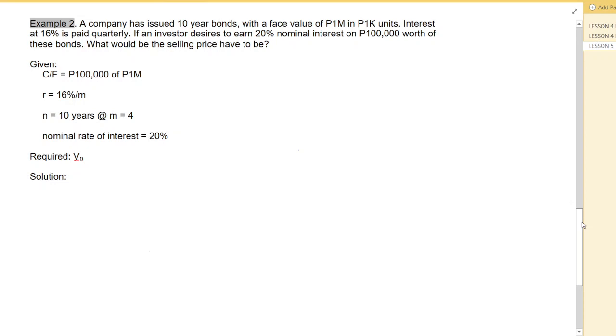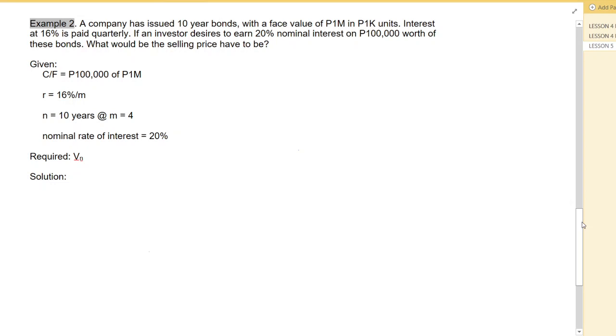Okay, so what would the selling price have to be, so that we are required to get the V sub n, so the selling price also. So we have it there, C or F, that is also equal to 100,000. Since 1 million there is just the face value, okay, that is the return of investment. So that is not the future amount, or that is not the par value. So that 100,000 there should be the par value, or that is the future amount, and that is the amount to be redeemed also.